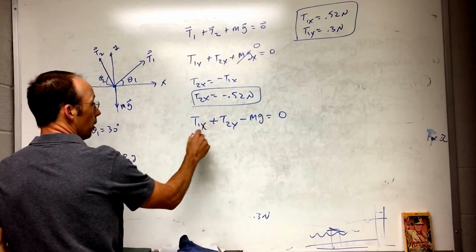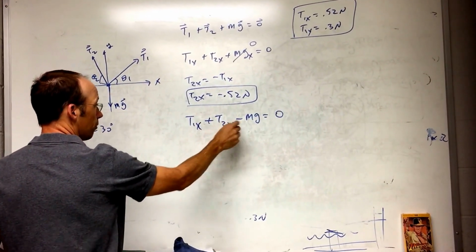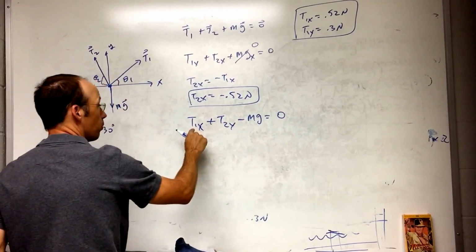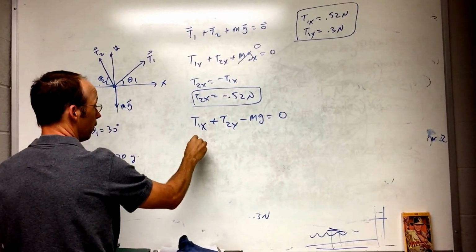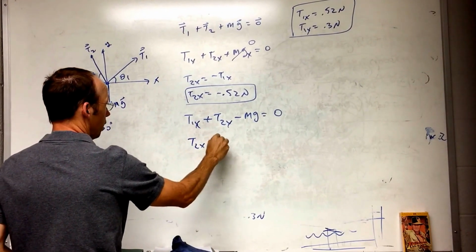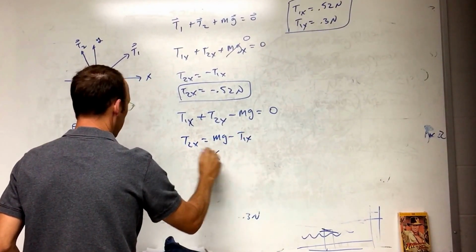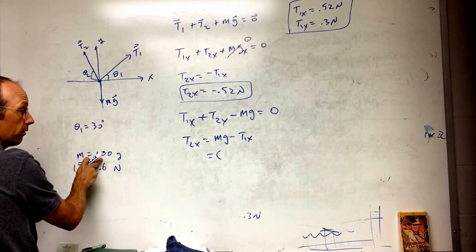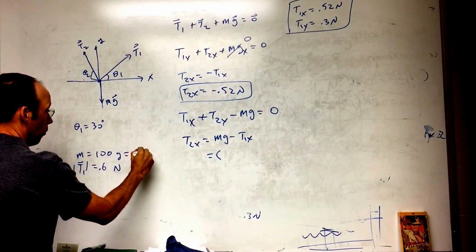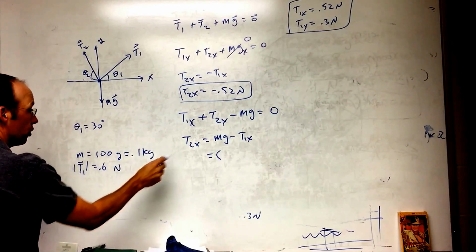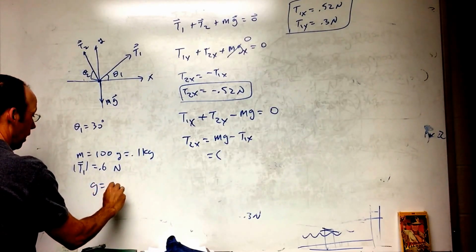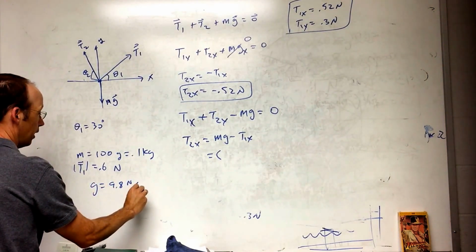So I already know T1y. I can solve for T2y by adding mg to both sides and subtracting T1y from both sides. T2y equals mg minus T1y. The mass is 100 grams, so that's equal to 0.1 kilogram. And then g is 9.8 newtons per kilogram. It's a constant.